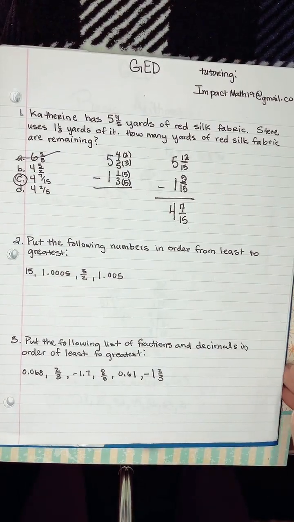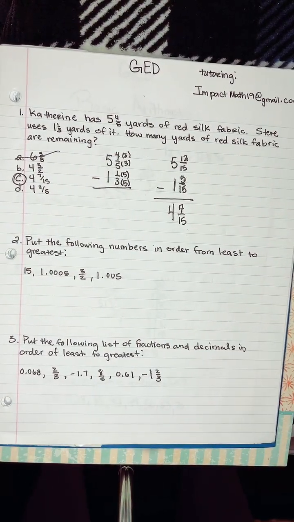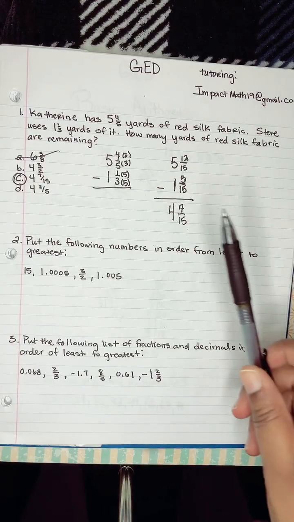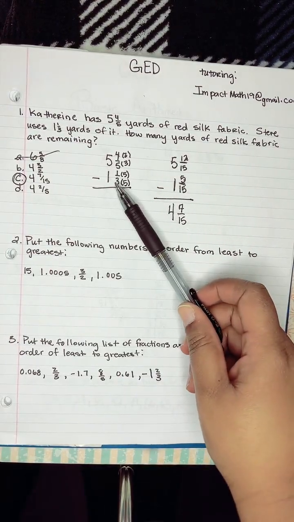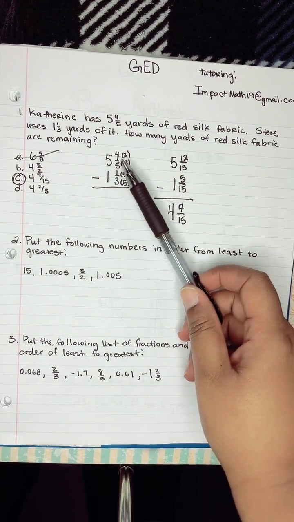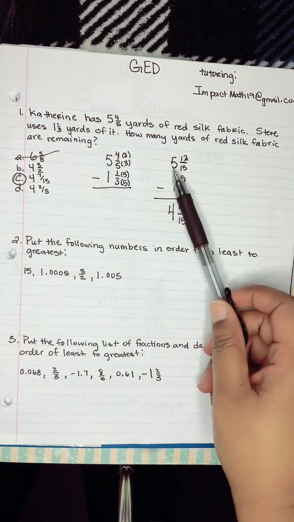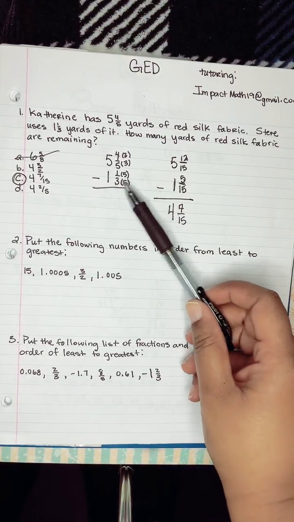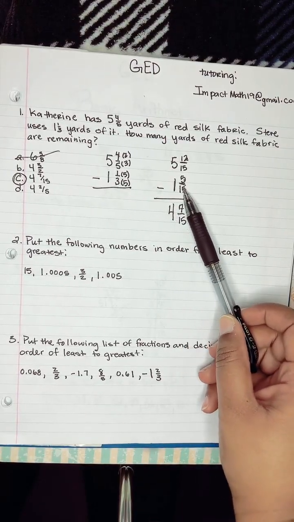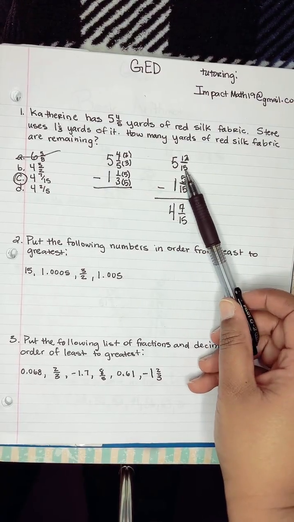Does that make sense? Where did the 15 come from? Good. Okay, so how did we get the 15? We got the 15 by knowing our LCD. So what we said is, okay, we need our same denominator. So 3 times 5 gets us 15. And that's how come this had to be a 15 and this had to be a 15.